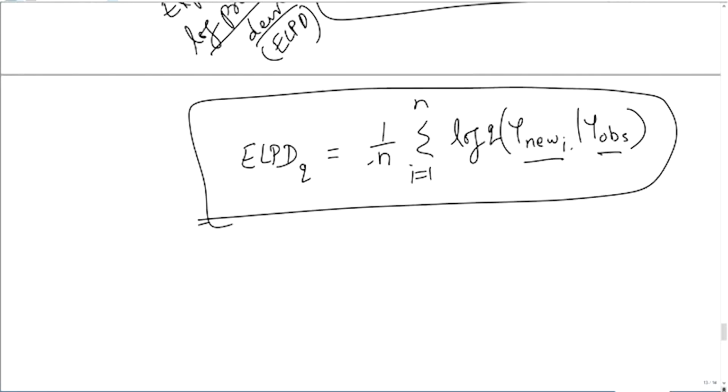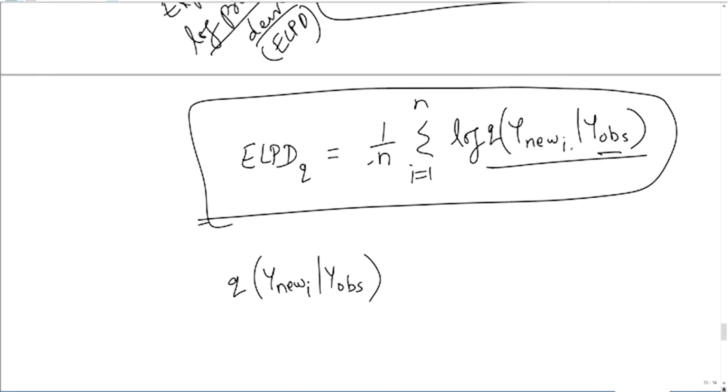But the only thing that we still need to solve is how we calculate this quantity q of y new i given y obs. This looks like something new. How do we calculate this, and what is this quantity?